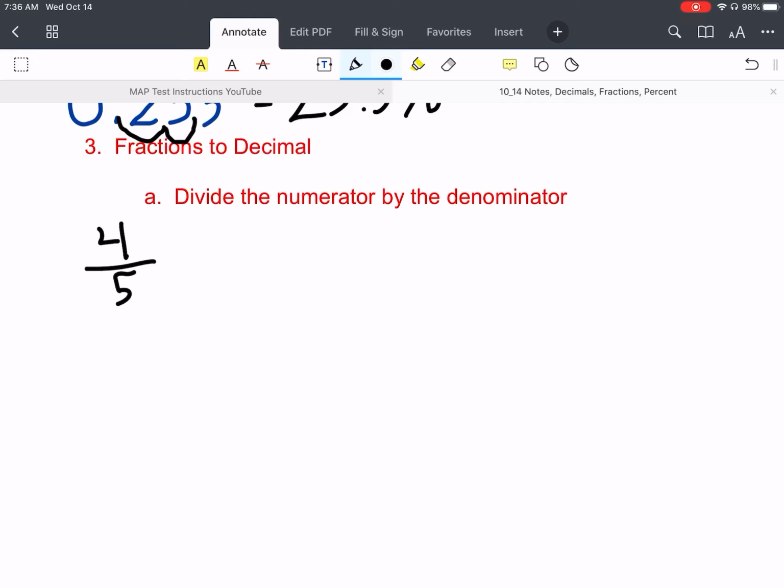And the examples on your assignment are going to be pretty simple, but it still can be a little complicated. So we are going to do 4 divided by 5. And that's going to look like this. If we're doing long division, I'm going to actually give ourselves a little more room.